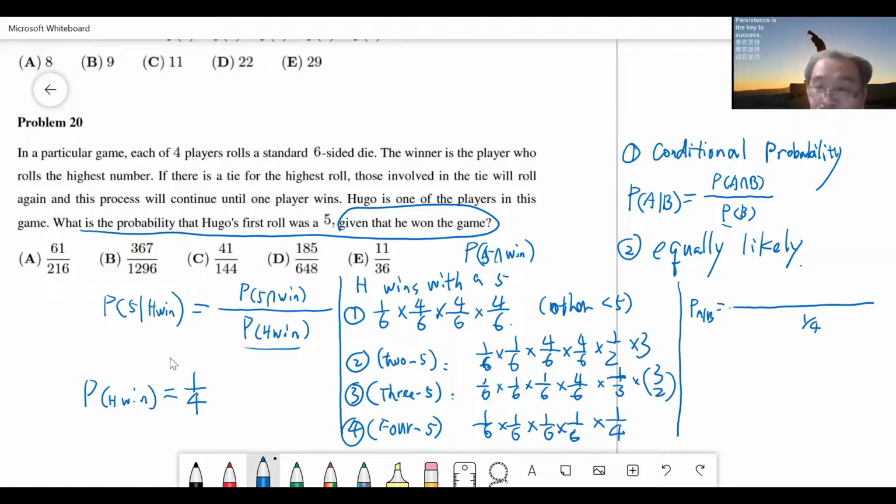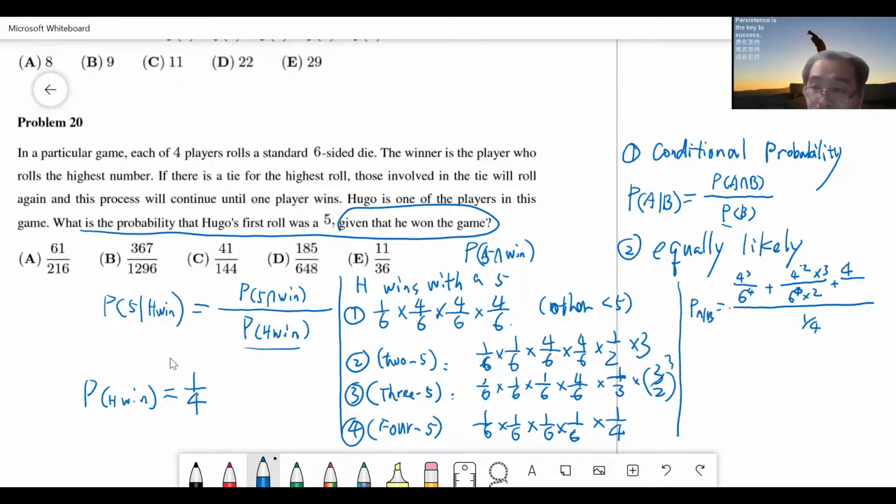The first part is 4 to the power 3 over 6 to the power 4, plus this actually is 4 to the power 2 times 3 over 6 to the power 4 times 2. So plus 1/4, so this is a 3.